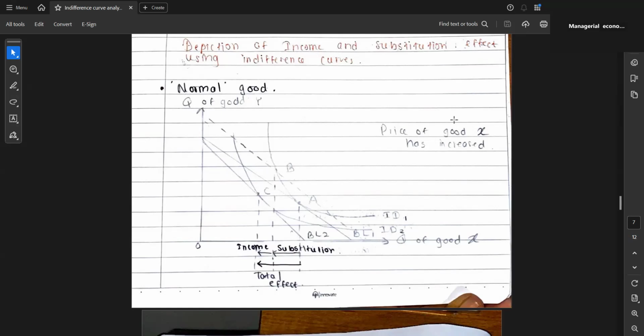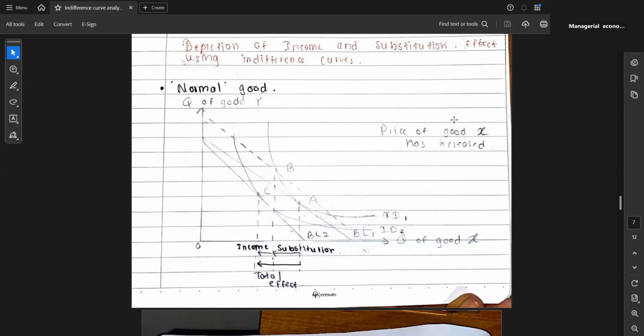Here, the price of good X has increased, and therefore the budget line has shifted from the good X side towards the origin, from BL1 to BL2. The consumer has to move to a lower level of indifference curve eventually.